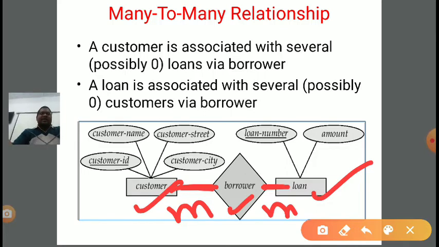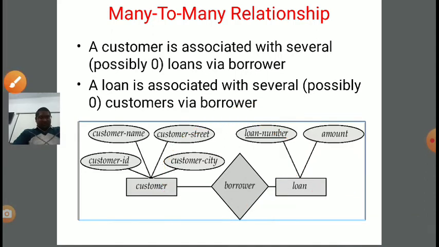So in definition, a customer is associated with several, possibly zero, loans via the borrower relationship. Similarly, a loan is associated with several, possibly zero, customers via borrower.